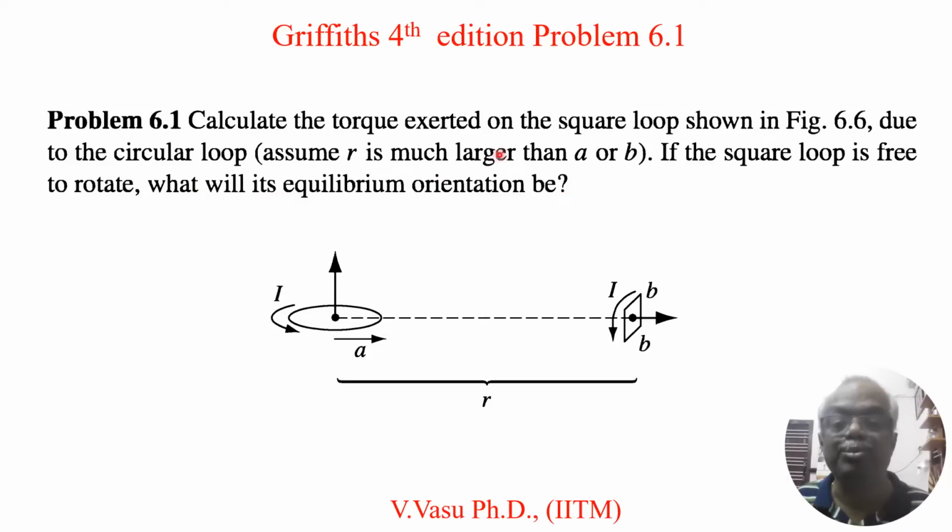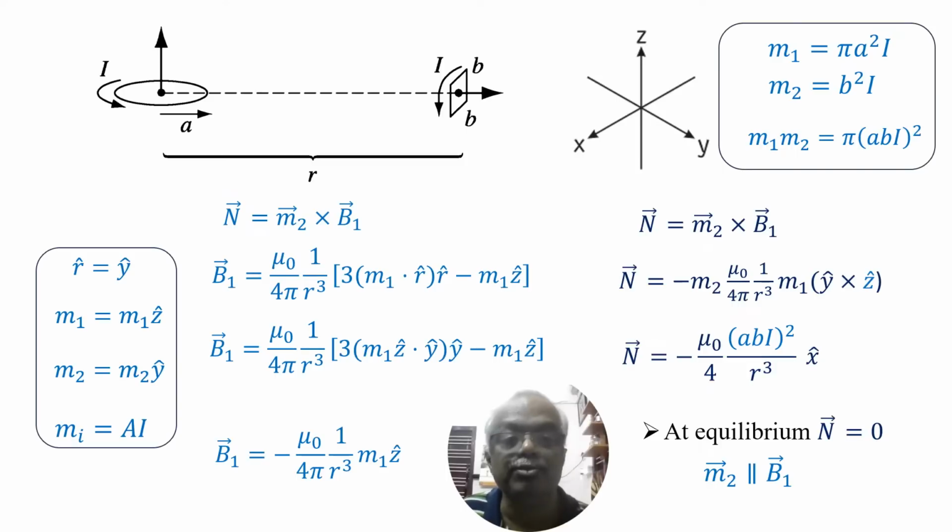So there are two parts in it. We have to find the torque exerted on the square loop due to this circular loop. So we will see that. Now we will solve this problem.